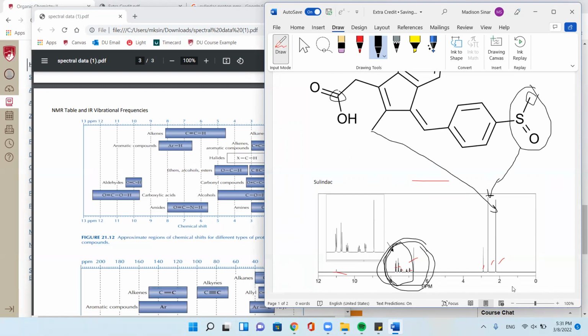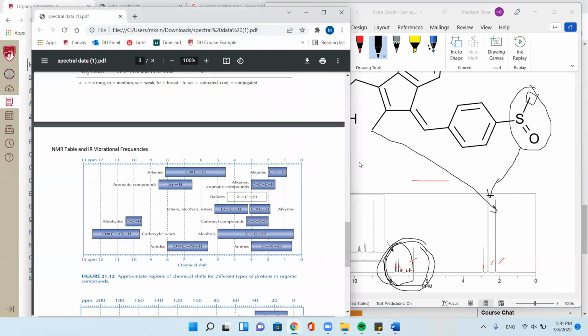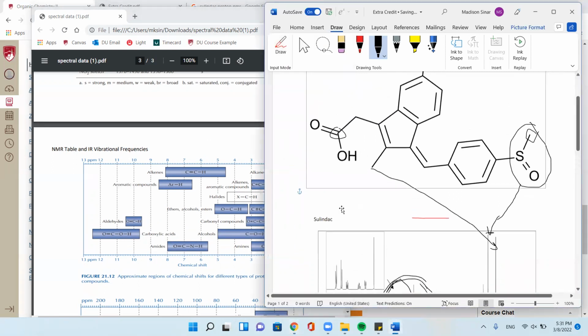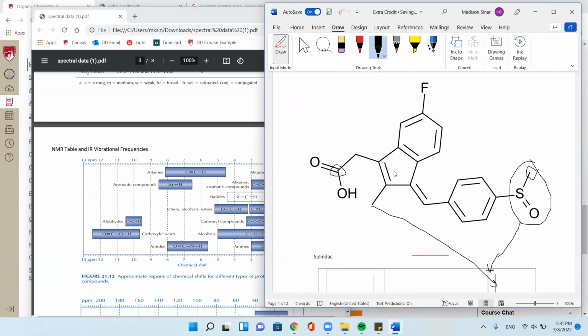So that leaves this other one right here. We're around 3-ish if we come over here and look for that. That is likely going to be this right here. So this is our only other major functional group besides our aromatics. We don't really look for halides on an NMR.